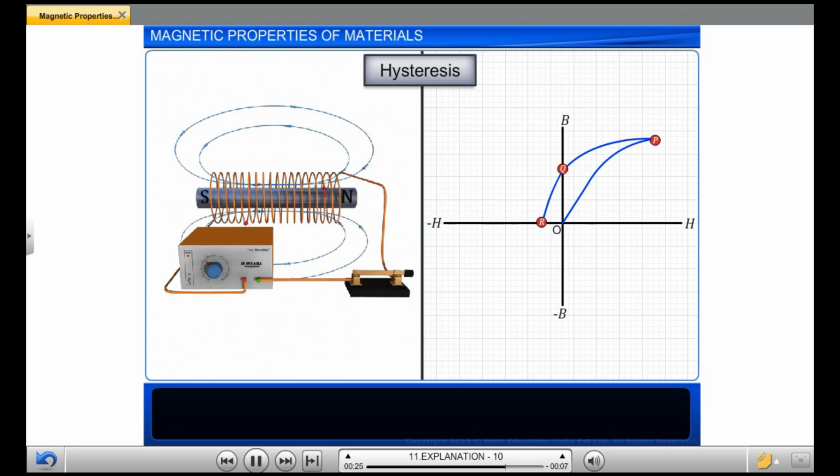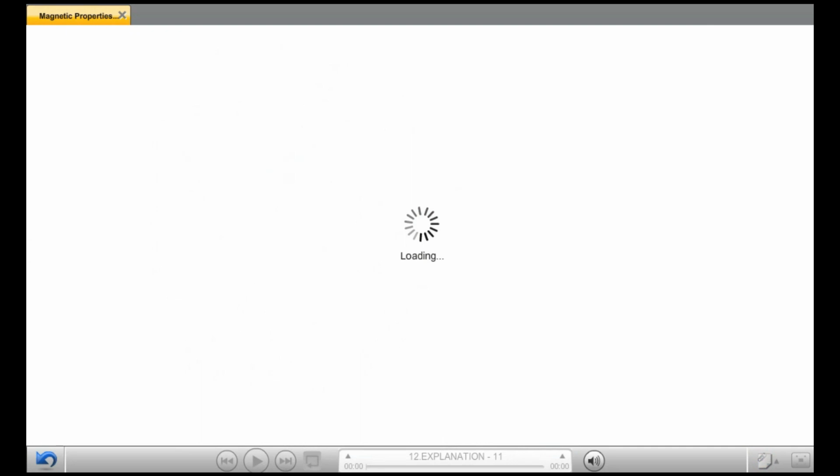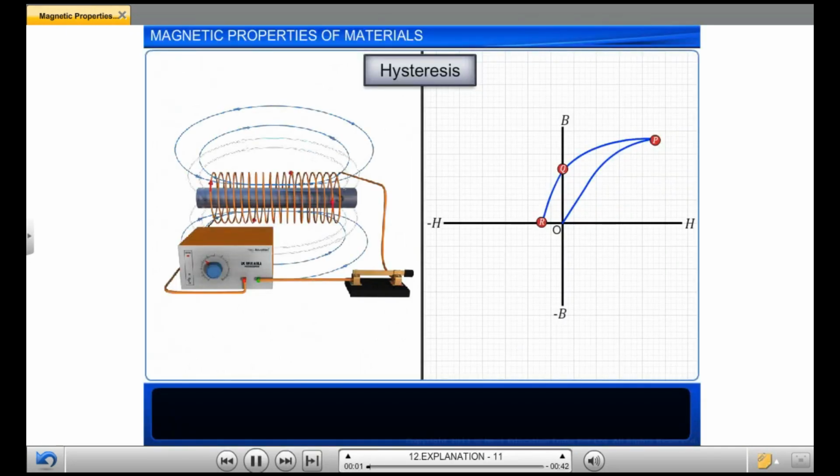This magnitude of applied magnetic field, H, is known as coercivity. As the current in the reverse direction increases in magnitude, we once again obtain the saturation magnetization in a direction opposite to that of the previous one. This is represented by the curve RS in the graph.